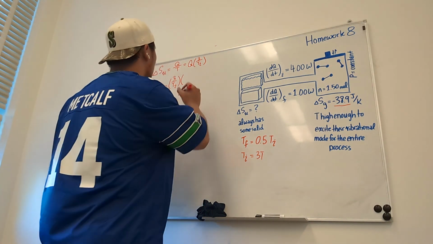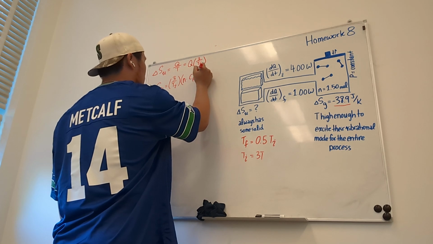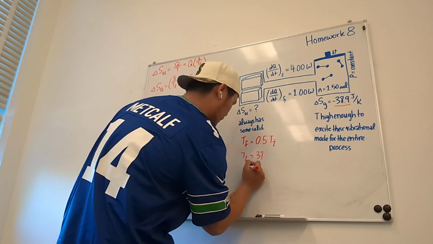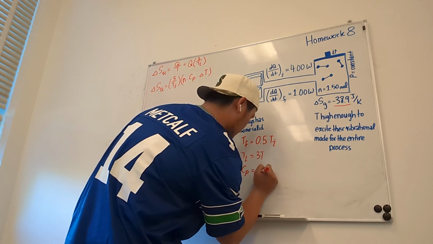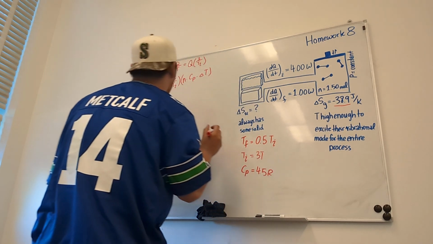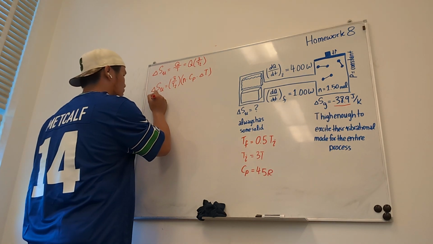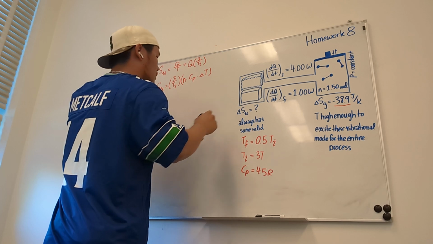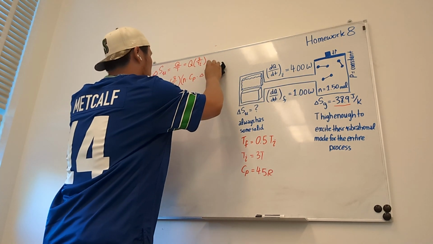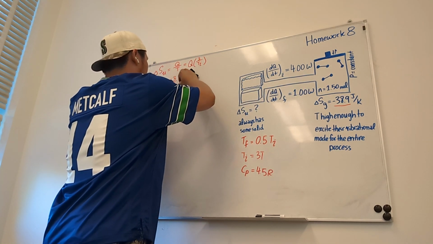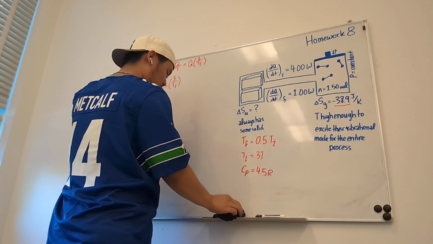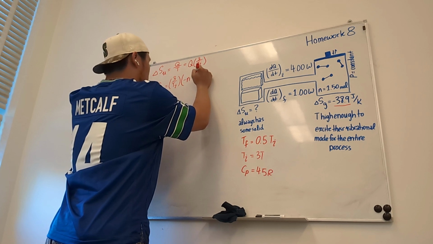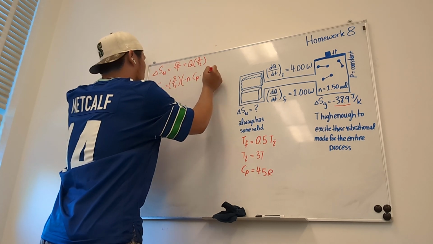Q is equal to N Cp delta T. Let's recall we said Cp is 4.5 R. Okay, so now we get, oh, but it's negative because it's flowing there. Because if we're going to use the isobaric, we've got to account for the fact that it's losing energy, negative N Cp delta T. Okay, great.